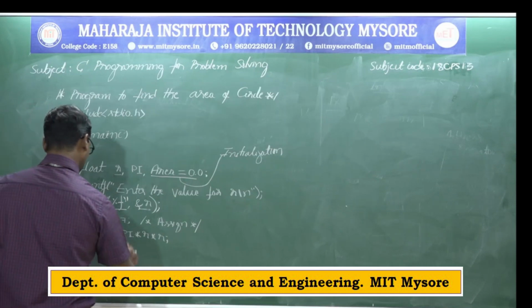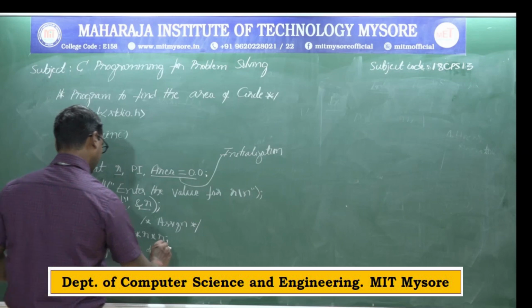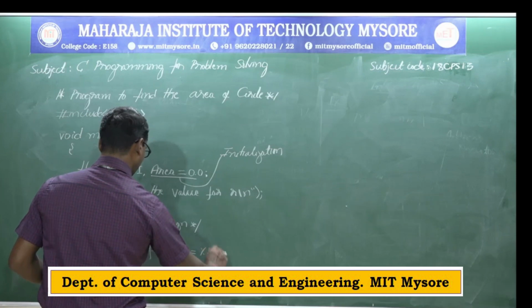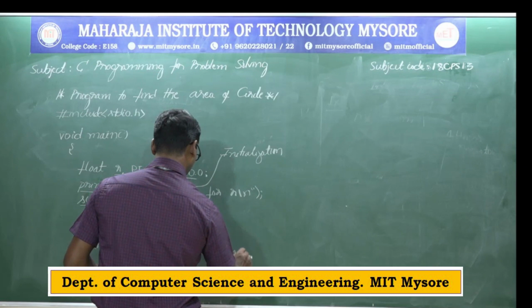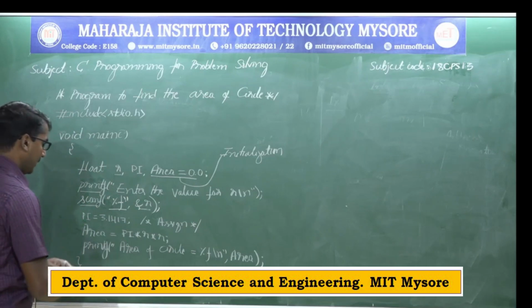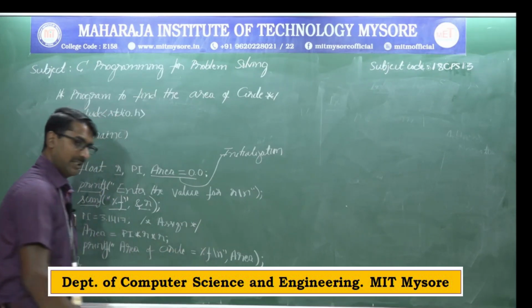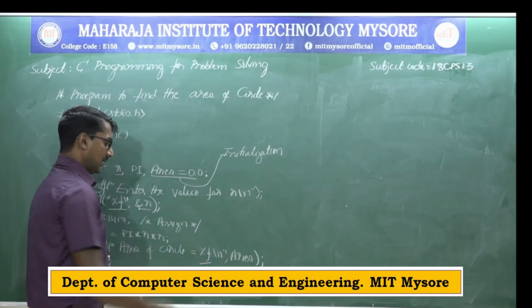Printf. Next is printf area of circle is equal to %f. So here also I have specified %f.